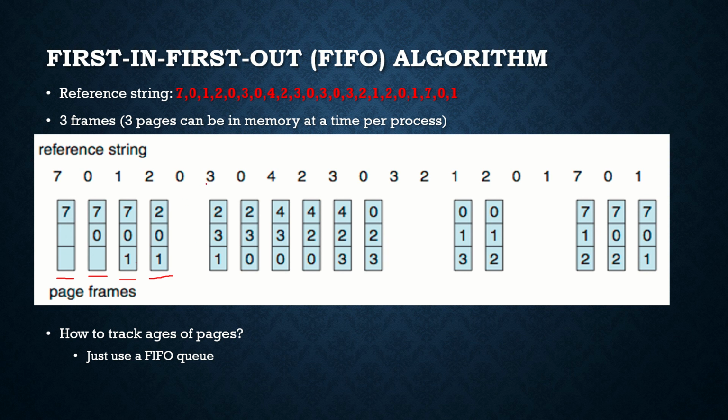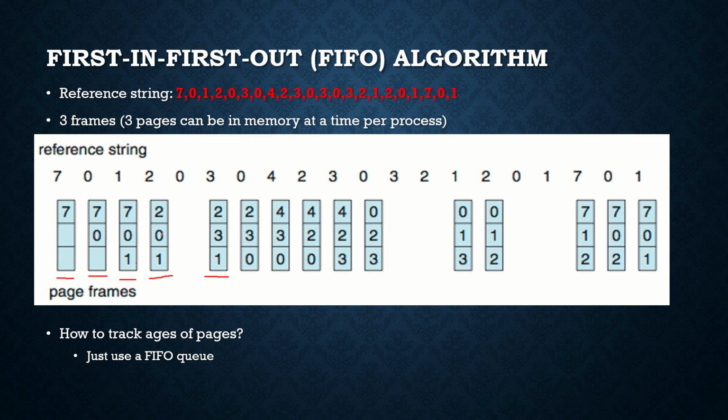Next, page 3 has entered and again it will check the current memory. Currently 3 is not available in the memory, so again a page fault is going to occur, and we mark a page fault. Now where to enter this page?